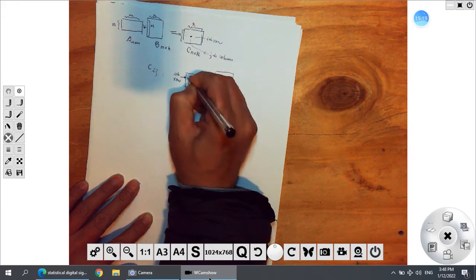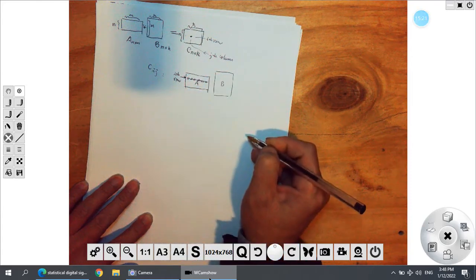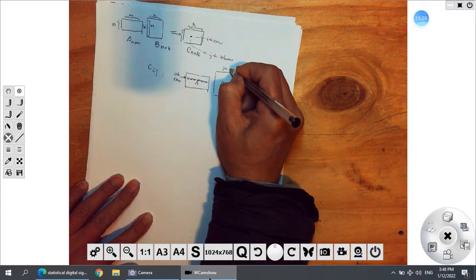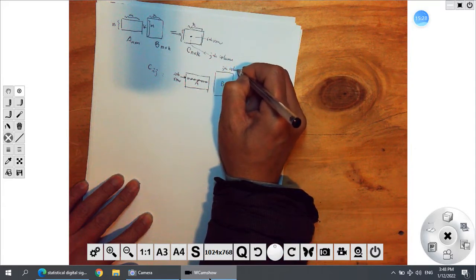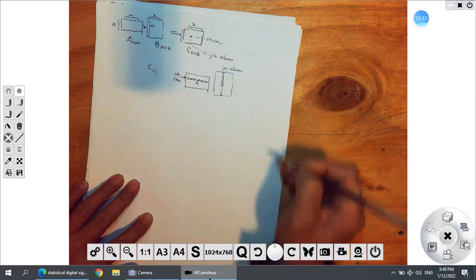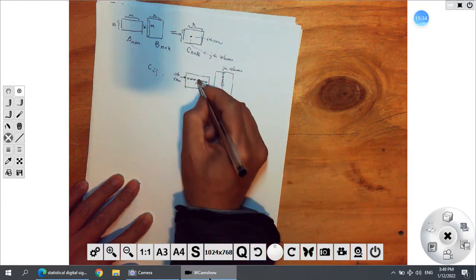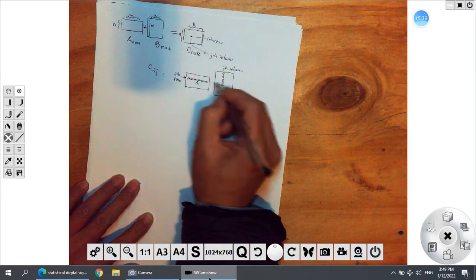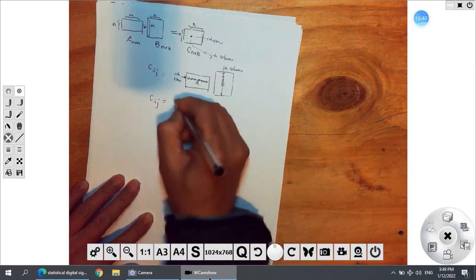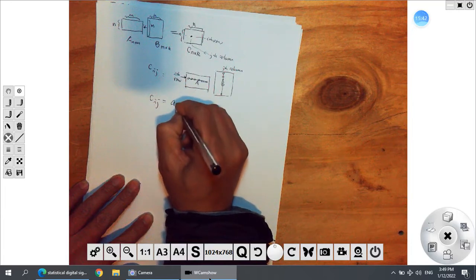You choose elements from this row, and the j-th column, you have an element here, then multiply them element by element. So Cij equals A, the i-th row.